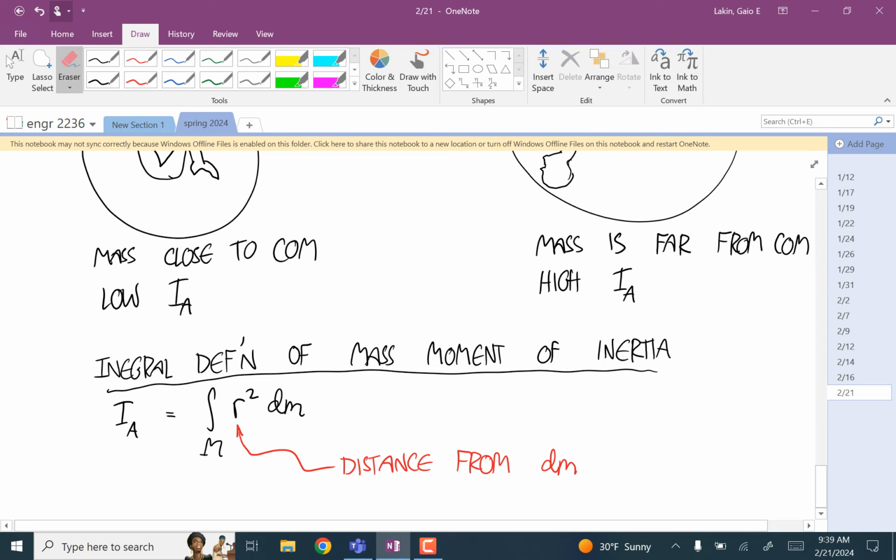Actually, let me write it in the other order. So from the about point A to that infinitesimal mass dm. So you can see there that as the distance of those masses gets greater from the axis of rotation, that mass moment of inertia gets bigger.